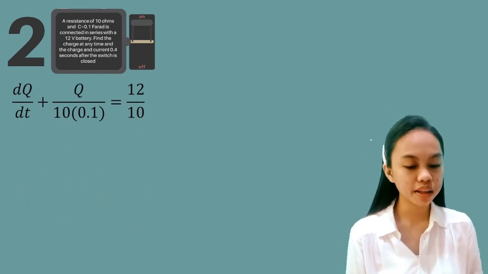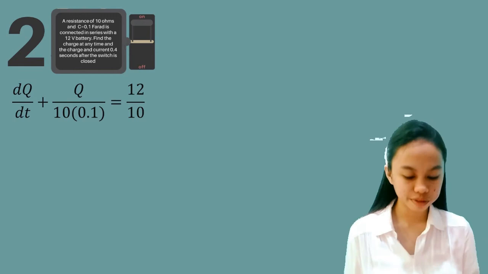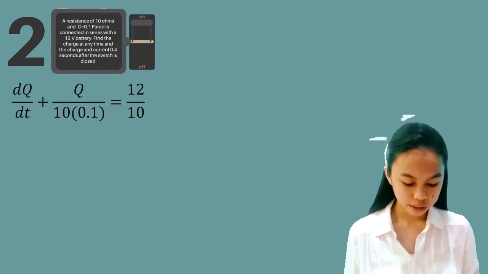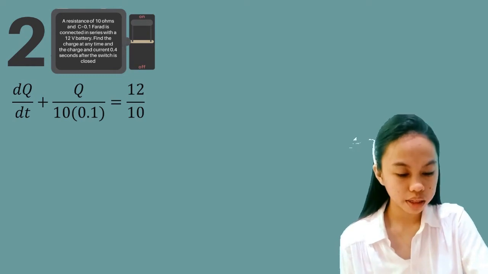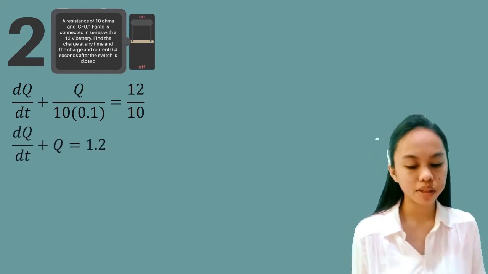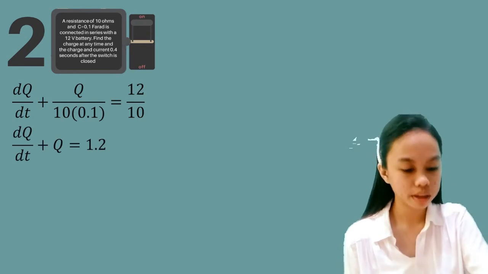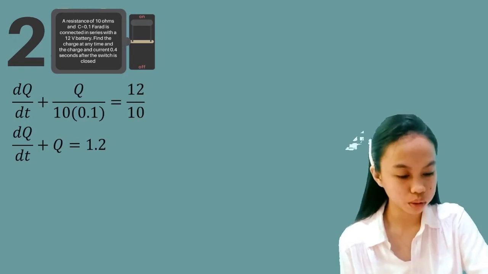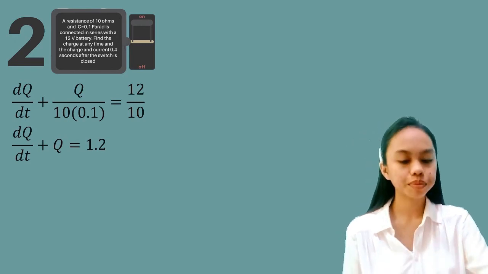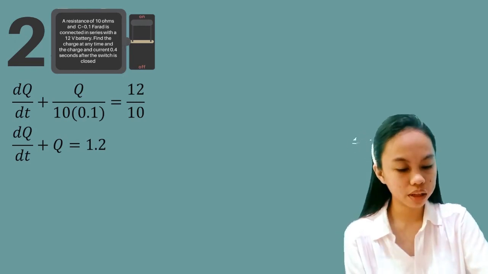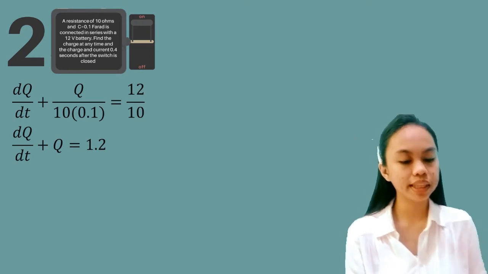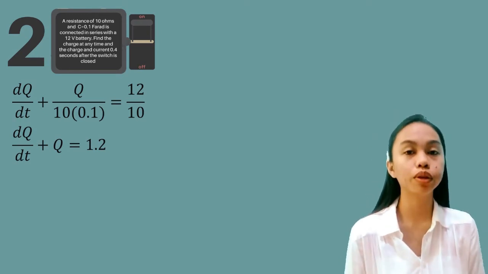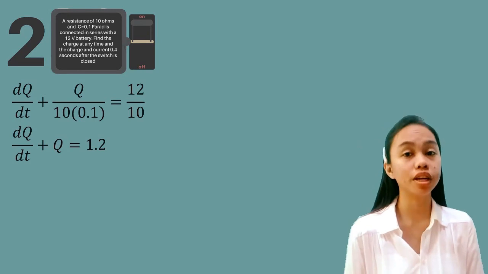Simplifying, 10 times 0.1 is equal to 1, so we have dq over dt plus q equals 12 divided by 10, which is 1.2. So this equation, dq over dt plus q equals 1.2, is an example of a linear differential equation.